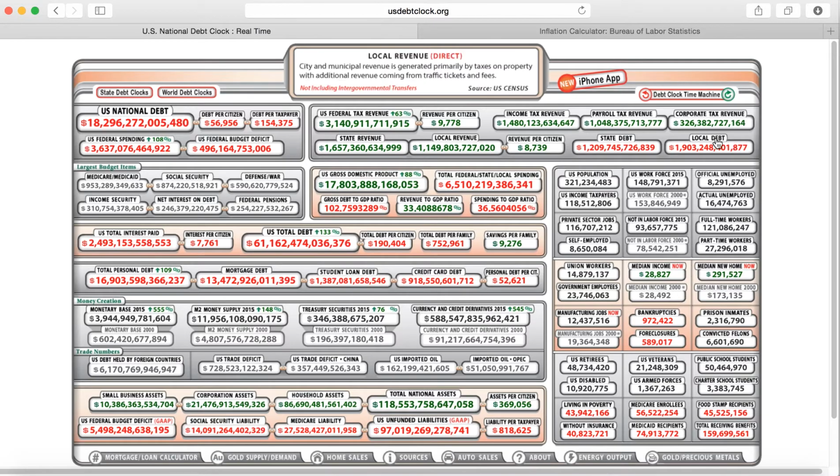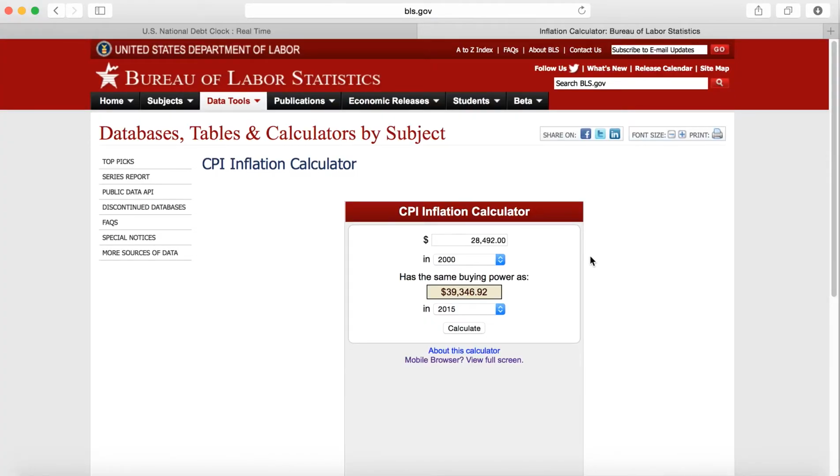Now really fast, I want to take us over to the Bureau of Labor Statistics. In 2000, the median wage was $28,492. In today's economy, you would need almost $40,000 to be just as comfortable as you were in 2000 with the same income. So that means the purchasing power of the income that individuals made in 2000 should have gone up to almost $40,000.